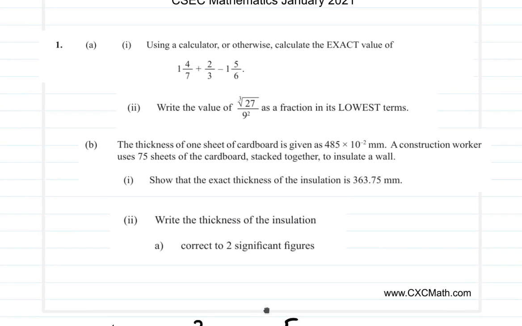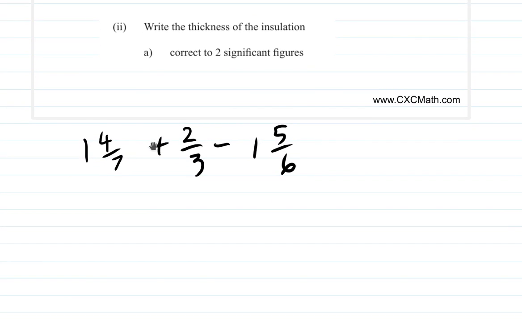Now we can do the addition and then the subtraction, but remember, as usual, you have the mixed fraction here, the whole number mixed up with the fractional part. So you're going to convert this to an improper fraction. And you usually do it this way.